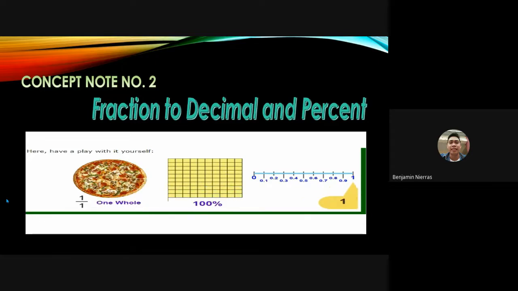As you notice, as the fraction increases, the percentage also increases, and the decimal also increases. If we have one whole, 1 over 1, that is equivalent to 100% in percentage, and also equal to 1 in decimal. Whatever value in the fraction, there's always an equivalent value in percentage and decimals.